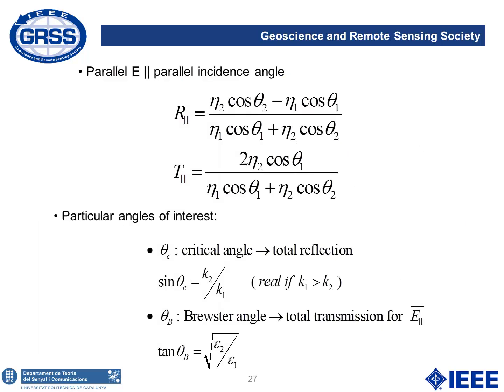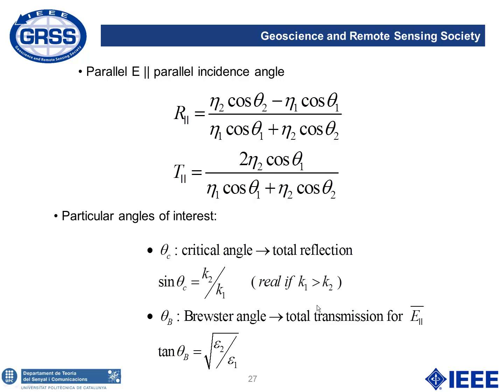In the case of the field which is parallel to the plane of incidence, which corresponds to a vertical polarization of illumination, we get slightly different expressions, but they are very similar in the sense that the reflection is proportional to the difference between the impedance of both media. And this was the case also in the previous expression.